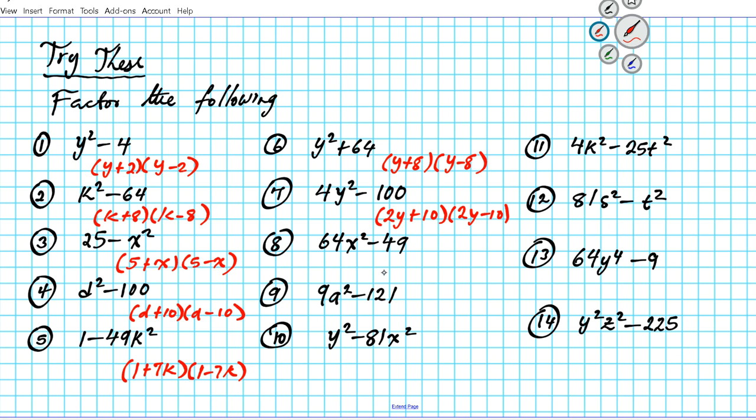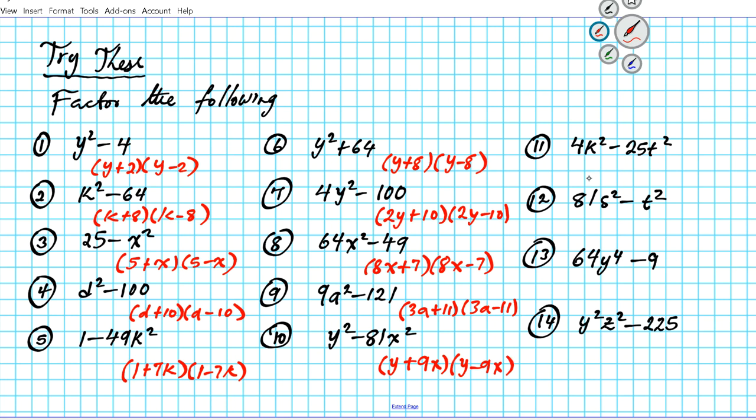For number 8, it's 8x, we just do plus 7 times 8x minus 7. For number 9 is 3a plus 11 times 3a minus 11. For number 10 is y plus 9x times y minus 9x.